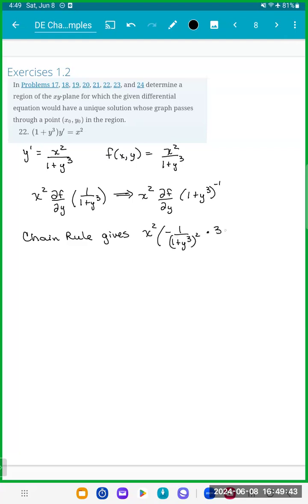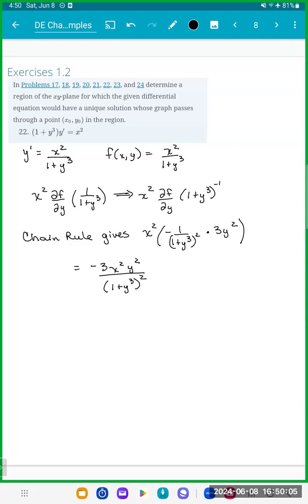times 3y squared. Okay? So essentially, we can simplify this a little bit to give us negative 3x squared y squared over 1 plus y cubed squared.